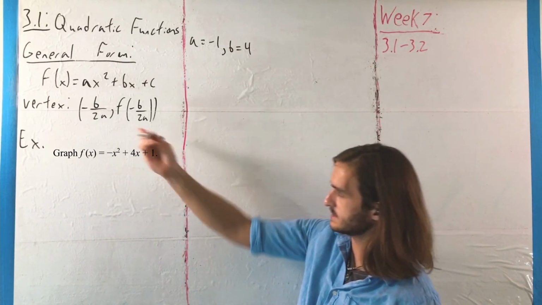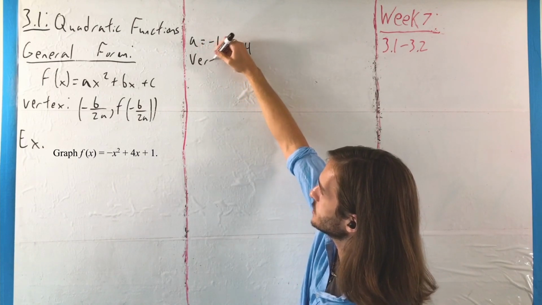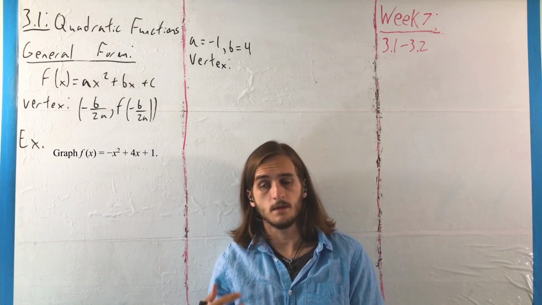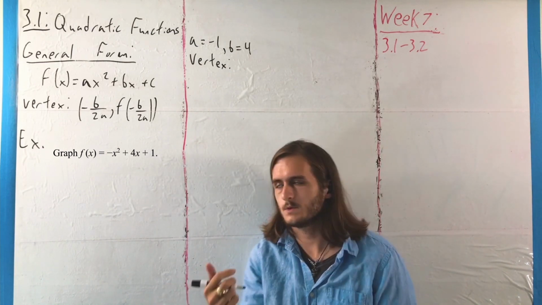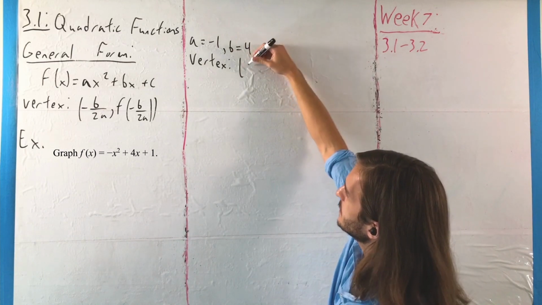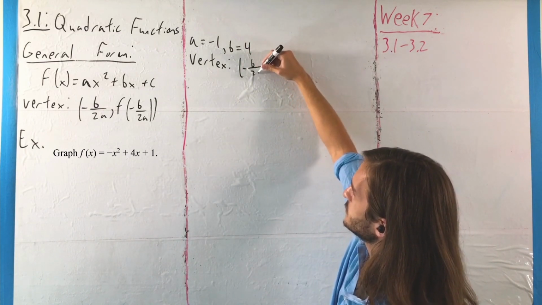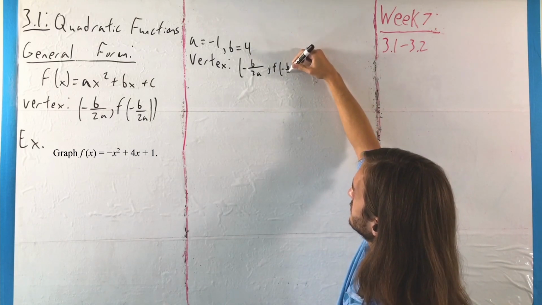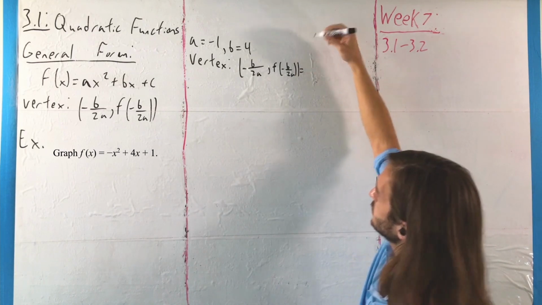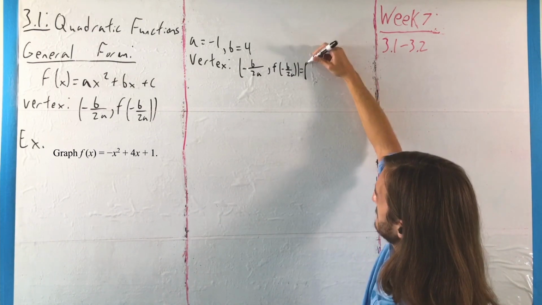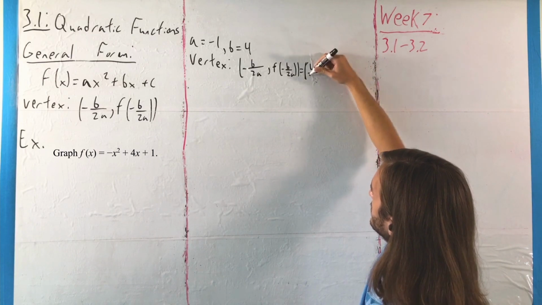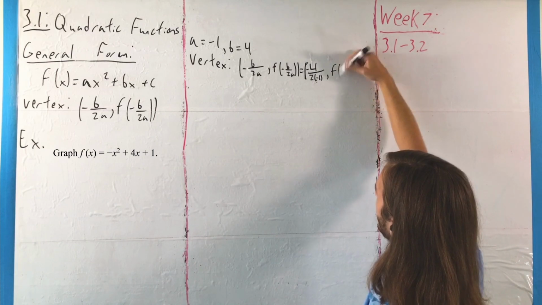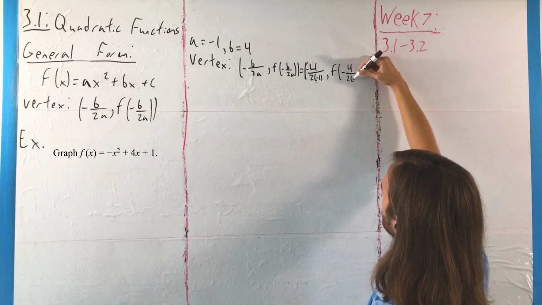The reason why it's important is because if you want to get the vertex, it's not just given by the statement of the formula like it was with the vertex form, for hopefully obvious reasons. So we have to use the formula here, negative b over 2a, f of negative b over 2a, which in this case would be negative 4 over 2 times negative 1, and f of that.